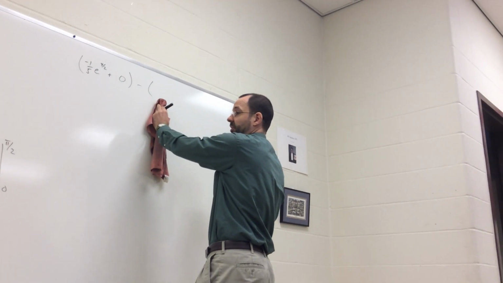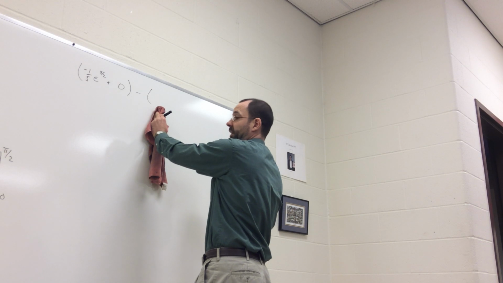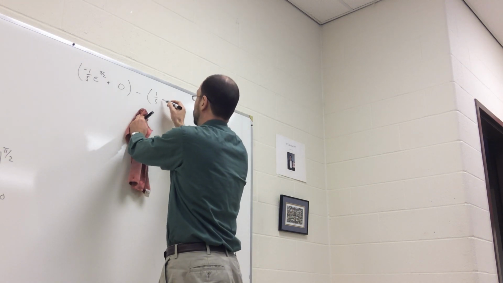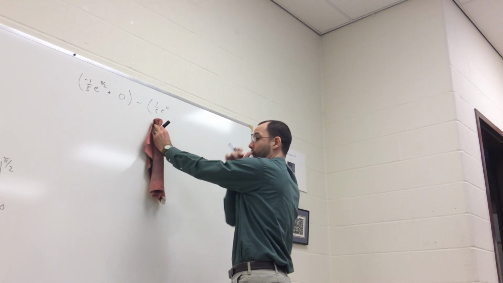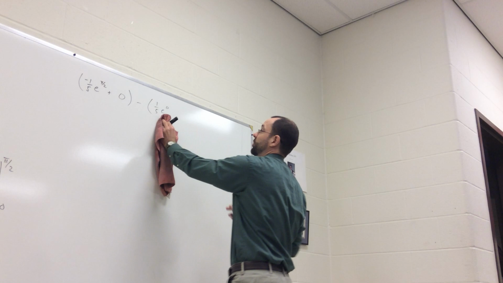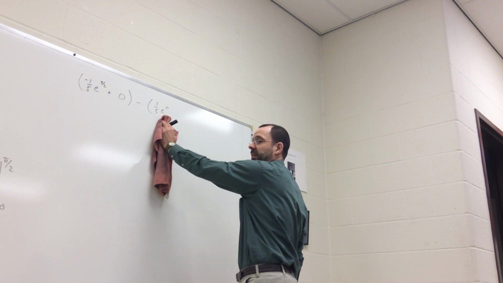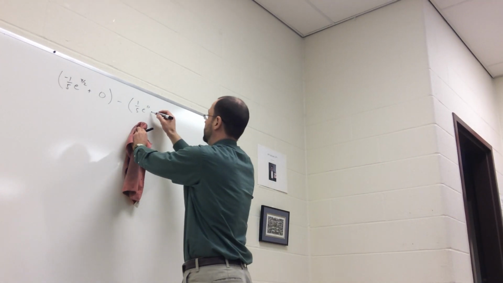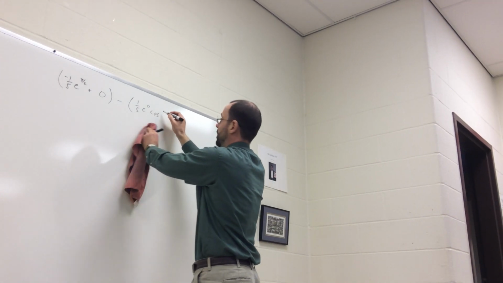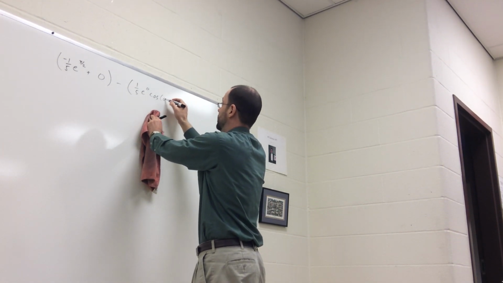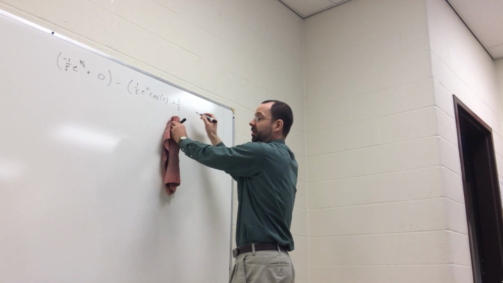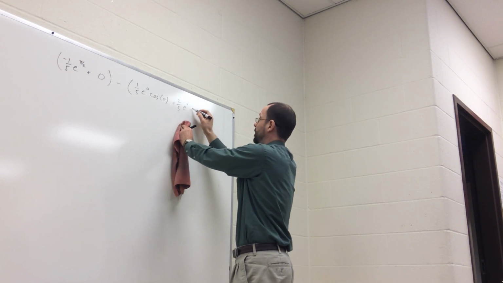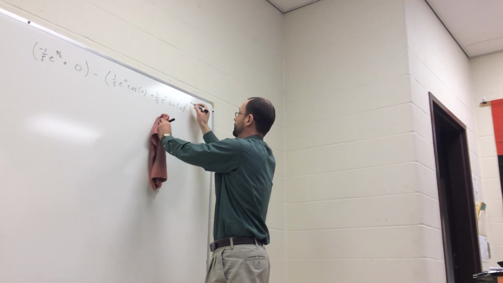And the cosine of 0 is 1. Oop, that should be a 1/5, sorry. The 1/5 e to the 0 cosine of 0, plus 2/5 e to the 0 sine of 0.